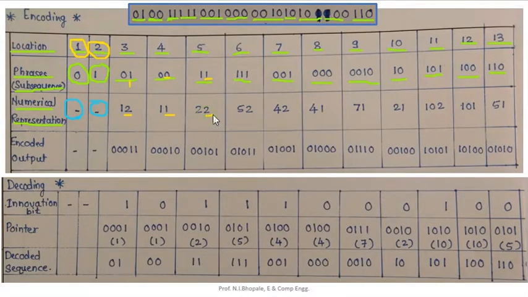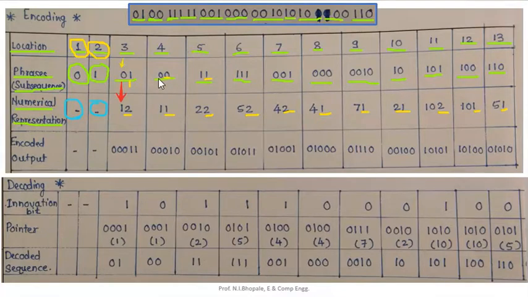Similarly 1 is stored at 2, 1 stored at 2, 1 stored at 2, 0 stored at 1, then 1, 0 stored at 1, 1 stored at 2, 0 stored at 1, 0 stored at 1. After this, the next thing is quite important: this particular 0 is located at location 1, so that's why it is referred to as 1.